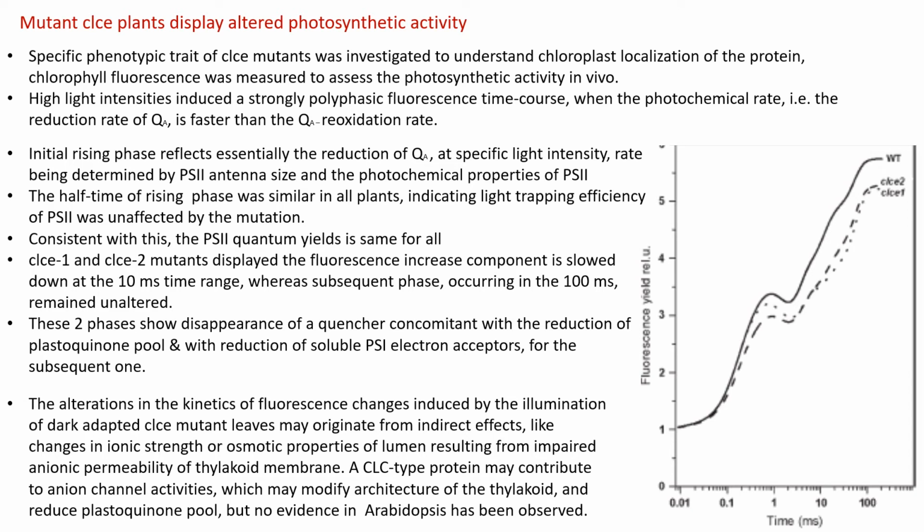Now, what is the function of CLCE in plants? To understand that, mutants were developed from ATCLCE, and the two mutants made were haplophytic mutants called CLCE2 and CLCE1. The functionality of these mutants with respect to the wild type plants was assessed using chlorophyll fluorescence.